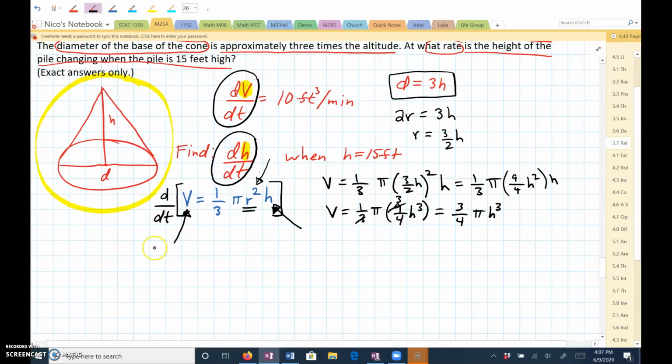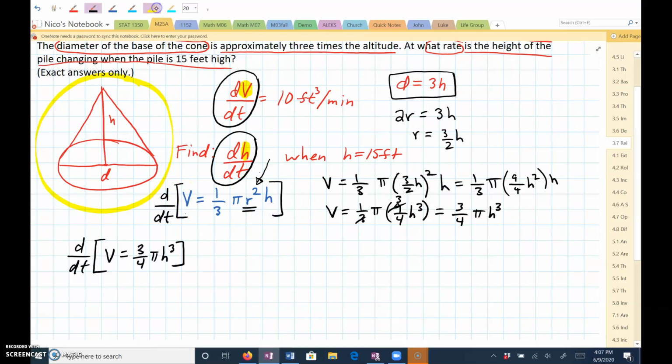Now I can take the derivative of the volume, represented as 3/4 pi h cubed, with respect to t. Hopefully you can see how this formula and the previous formula are equivalent to each other. We just represented r in a different form.